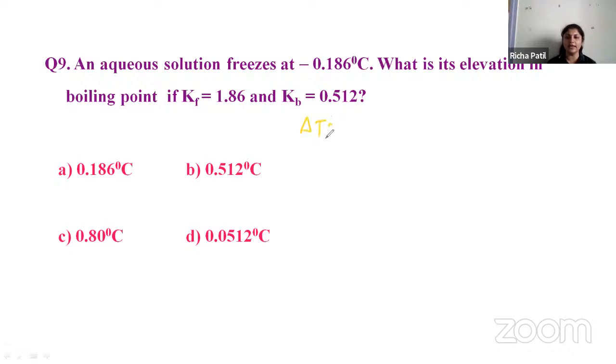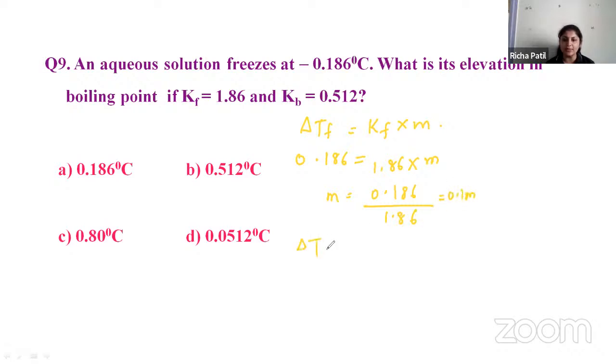Delta Tf equals Kf into M. Here delta Tf is 0.186 and Kf is 1.86. So M equals 0.186 divided by 1.86, which comes to 0.1 M.